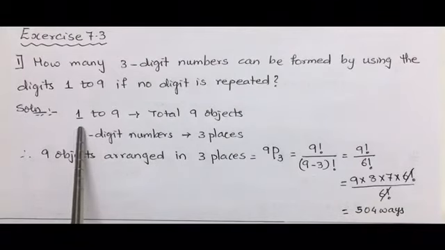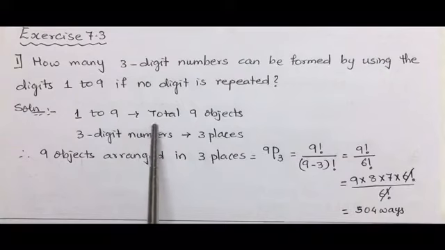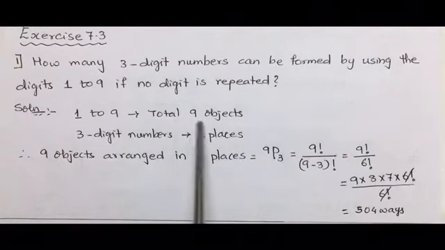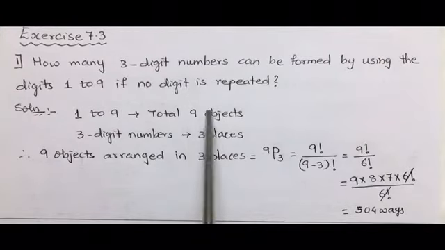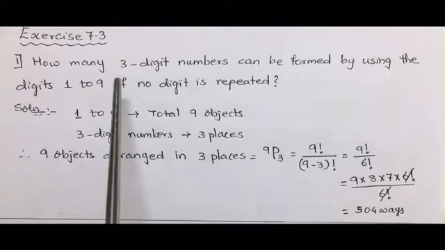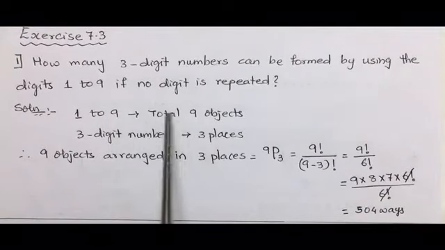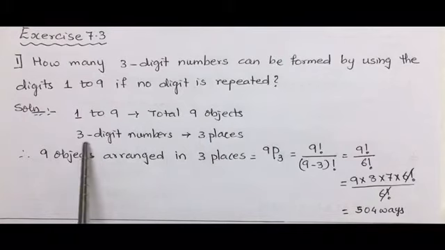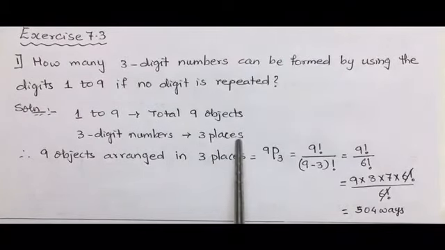Now if we count the numbers from 1 to 9, there will be total 9 digits, or we can name it as 9 objects. Now if we have to make 3-digit numbers, then these 9 objects are to be arranged in 3 places.